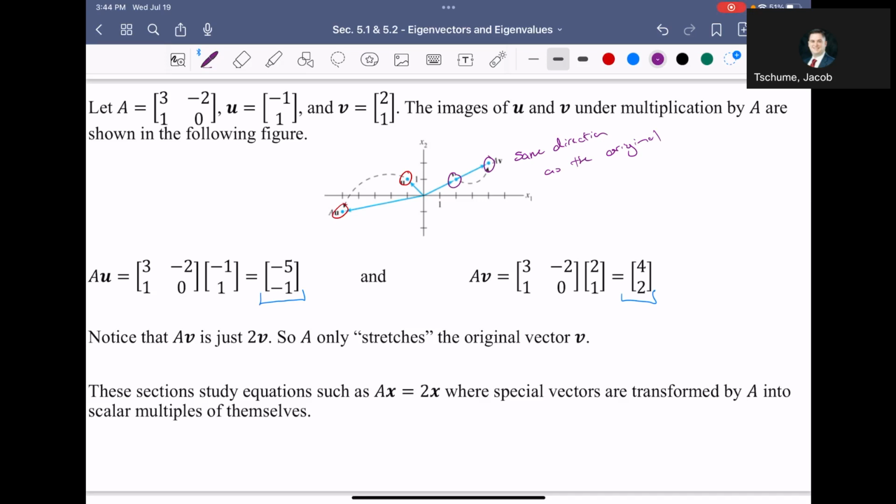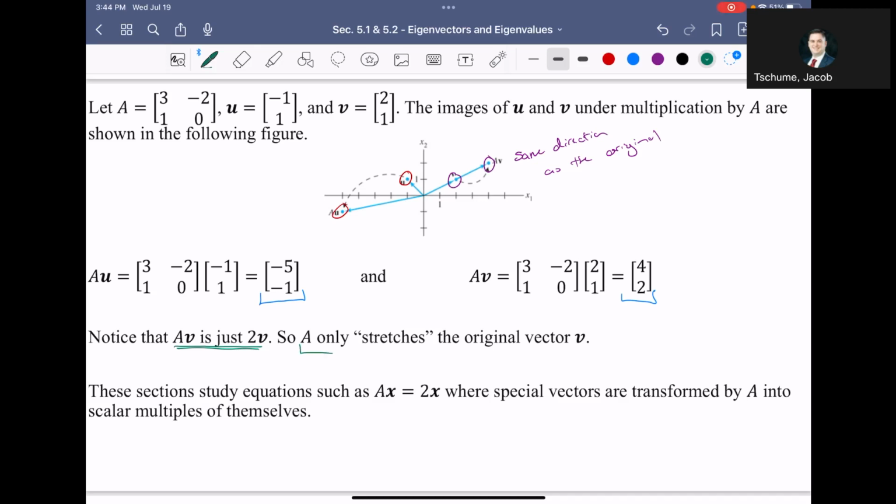So putting it in better wording here below, notice that Av is just equivalent to 2 times v. So that matrix A is actually equivalent to a constant. Now, we know that matrices and constants are not the same thing. They have different characteristics. But it's interesting that that can be true for certain types.